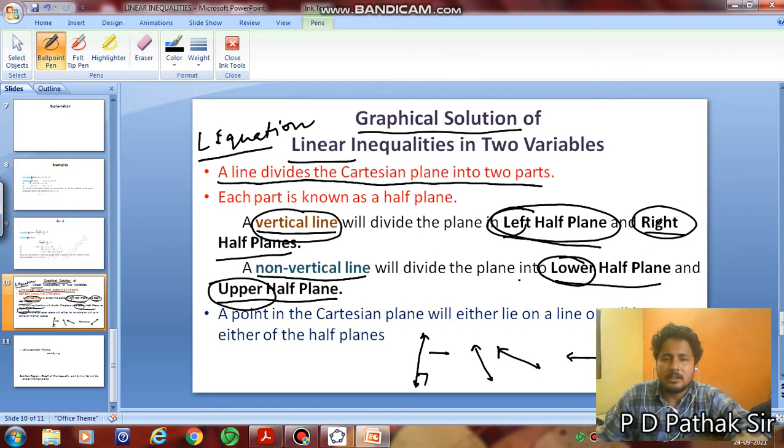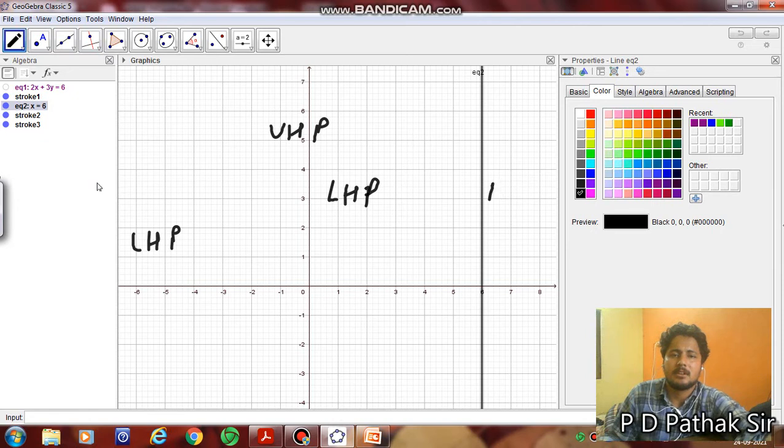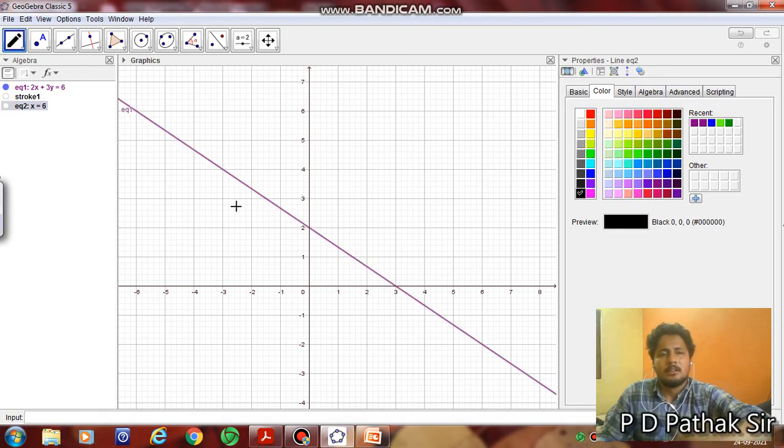Now a point in the Cartesian plane will either lie on a line or will lie in either of the half planes. Suppose this is a Cartesian plane, and I am taking this line. Now if I am taking a point in this Cartesian plane, then there are total three conditions with this point.